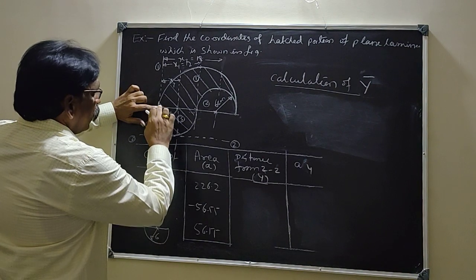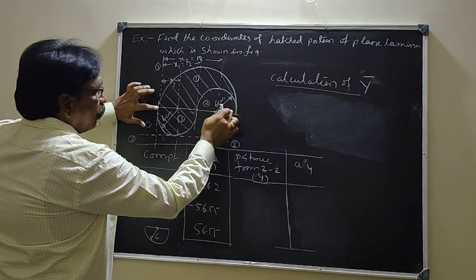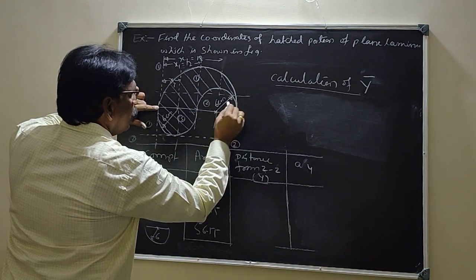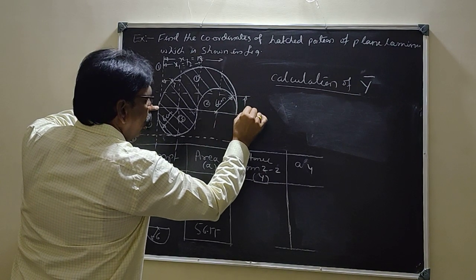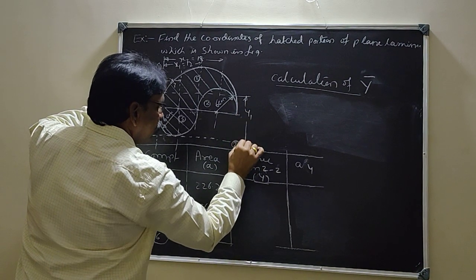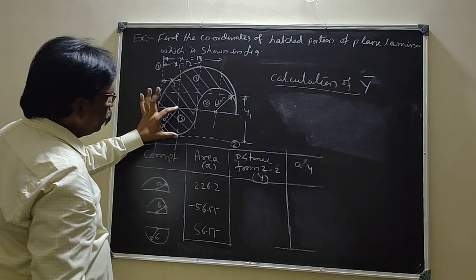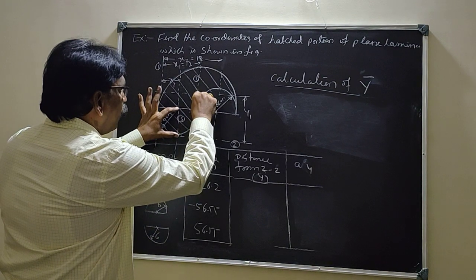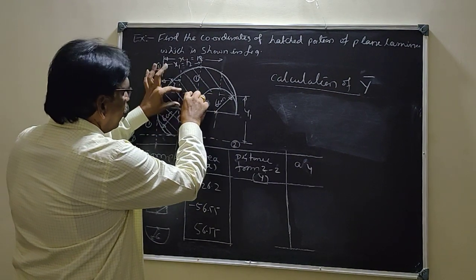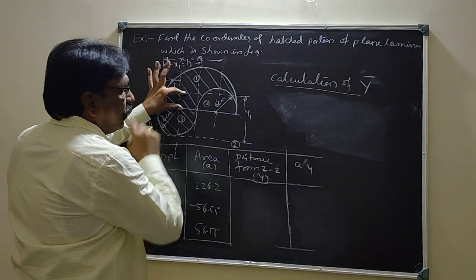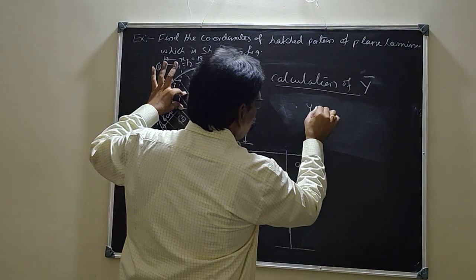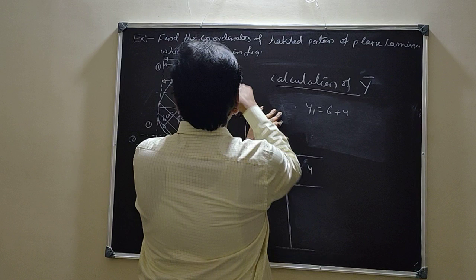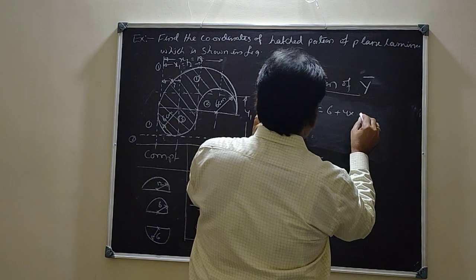So in this one, again first semicircle. Now the distance of the centroidal axis, we know that this is your y1 from this reference axis. That is equal to 6 centimeter, the radius of the semicircle, plus above this is what you already derived, the distance equal to 4r by 3 pi. So that means now y1 is equal to 6 plus 4r by 3 pi. Now the radius of this bigger one is 12 centimeter.